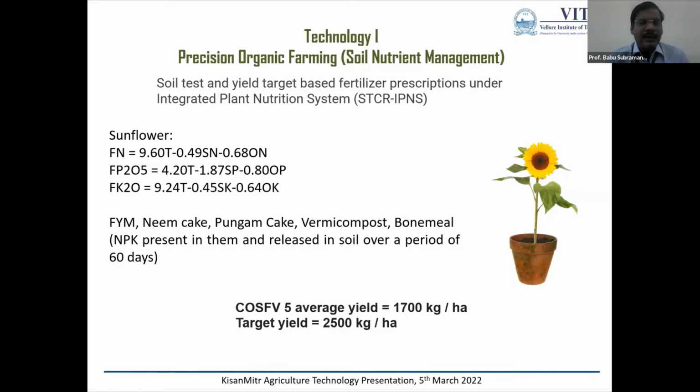For example, for sunflower, the PSA5 variety developed by Tamil Nadu Agricultural University has a maximum reported yield of 1700 kilograms per hectare, whereas we can fix a higher target of 2500 kilograms and calculate the combination of different manures and how much of each is required to attain this yield. We will soon be taking this package of practice to farmers for trials in their fields, and we are also now concentrating on other crops like rice, maize, and vegetables.